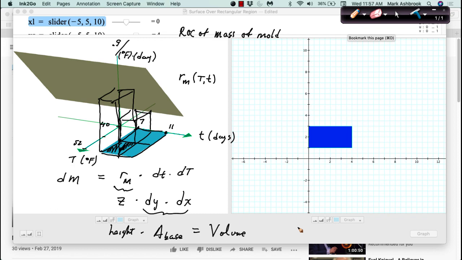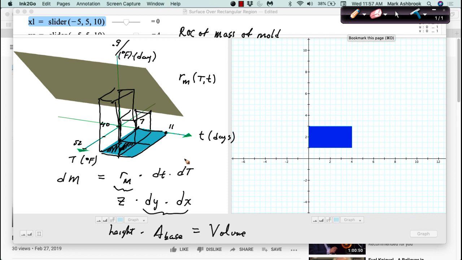Okay, so when I add up these 4 amounts of mass accumulation, I'm going to have 4 of them. There are 2 I didn't draw. You said it's going to be an underestimate or overestimate? All 4 of them are not. All those rates are lower than the rate over that little area element.